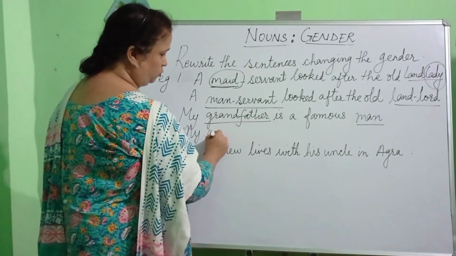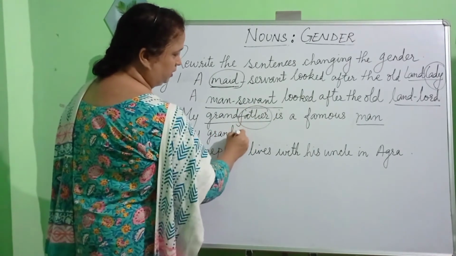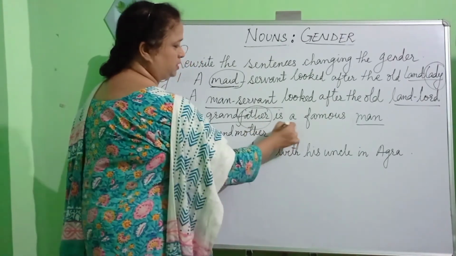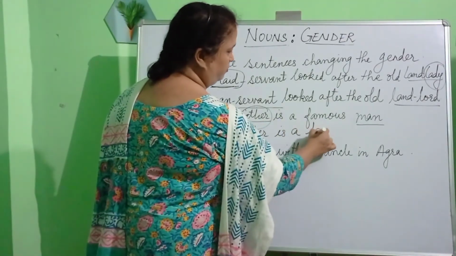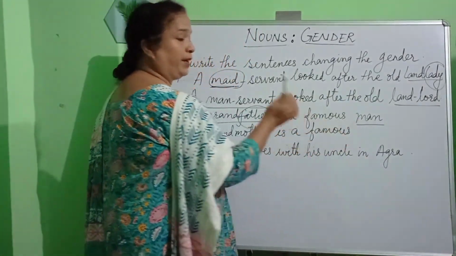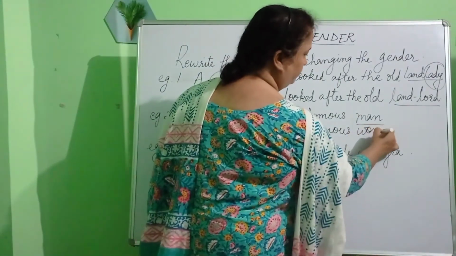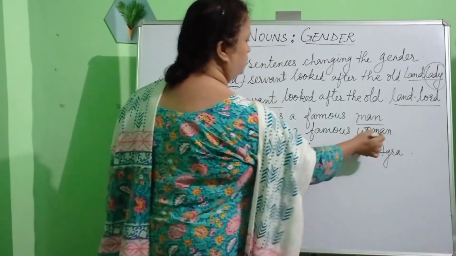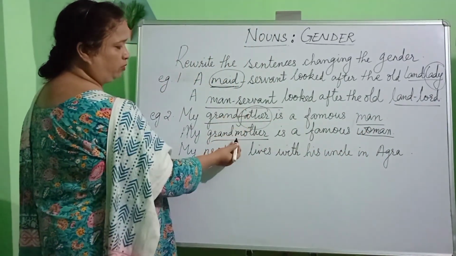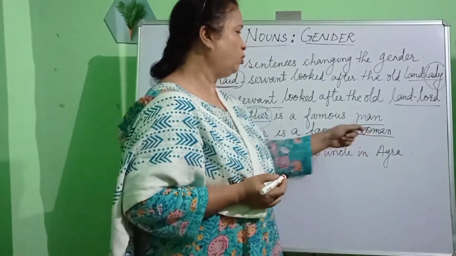Instead of grandfather, what's the opposite gender of father? We will write grandmother. The rest of the sentence is famous. Now, we come to the noun man. What is the opposite of man? Woman. So, the changes that we did was from grandfather, we brought it to grandmother. From man, we brought it to woman.